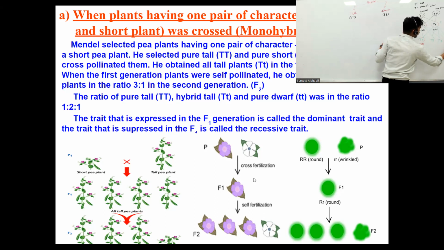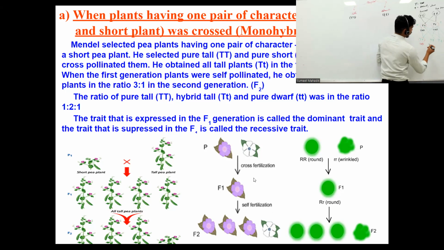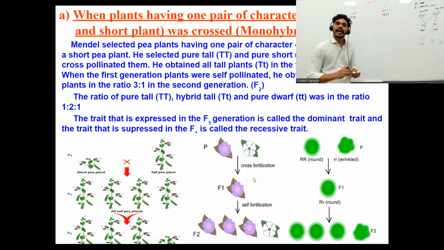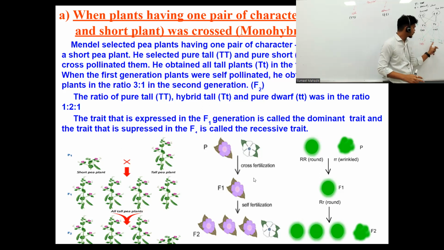This is totally dwarf. Can you see something? What did we get in the second thing? Again, the dominant characters are there. In this case, no dominance. Both are the same: homozygous, heterozygous, homozygous, same. Heterozygous, different. But this plant will be tall only because this is the recessive.